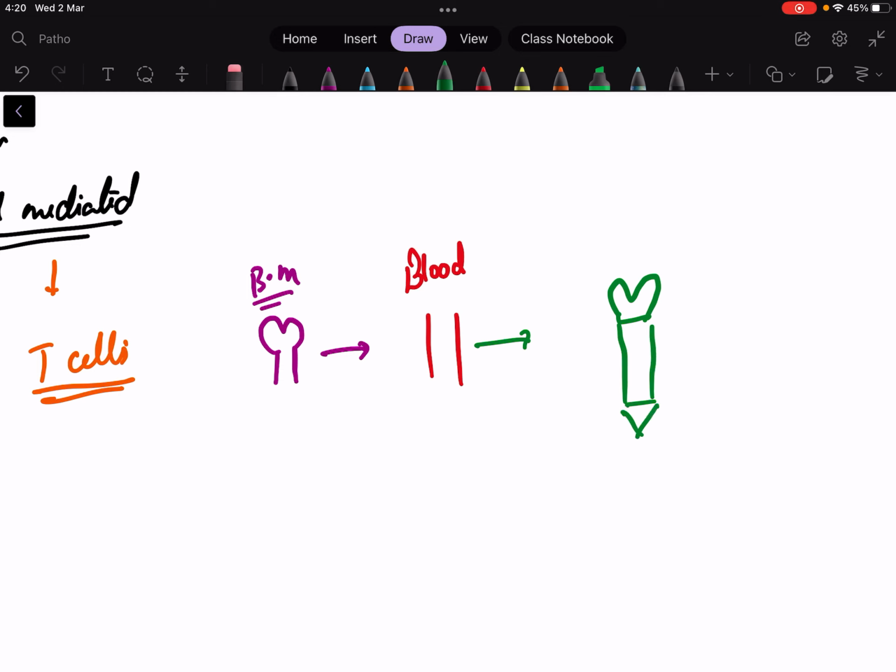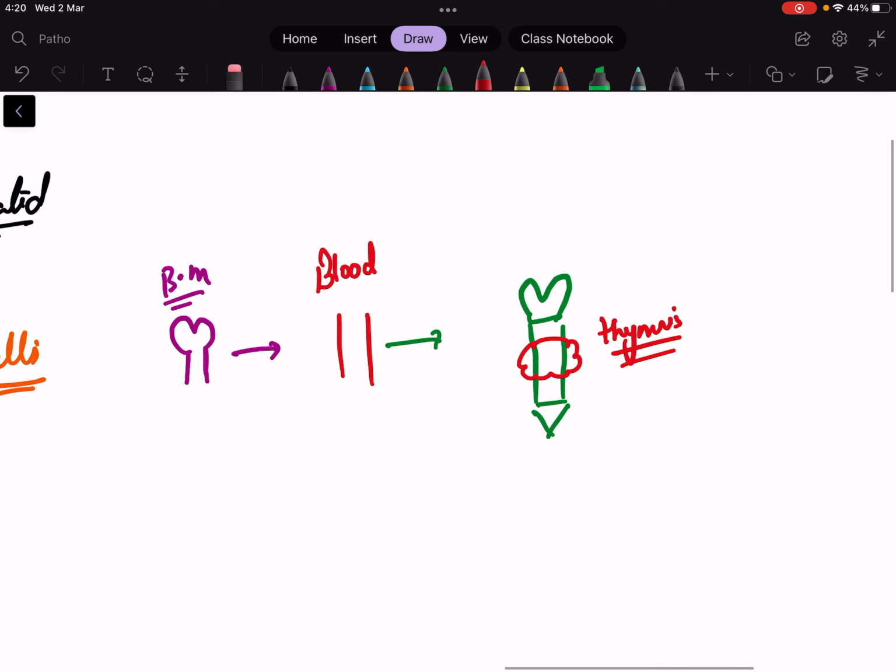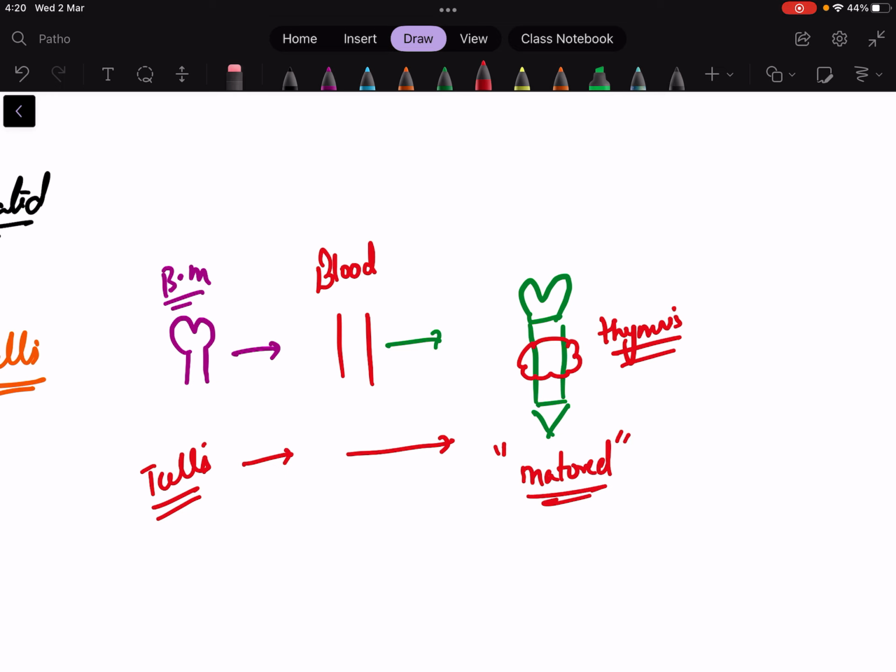Behind the sternum there is a lymphoid organ. What is this lymphoid organ called? This lymphoid organ is called your thymus. So basically T cells are produced in the bone marrow, they travel into the blood, and from the blood they go to a lymphoid organ present retrosternally called the thymus, and in the thymus they get matured, hence they are called your T cells.